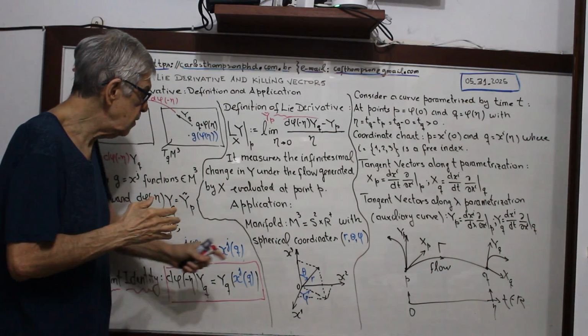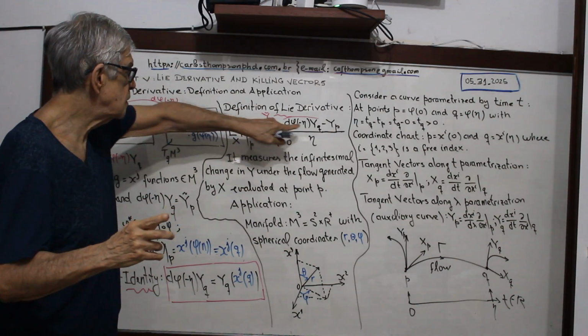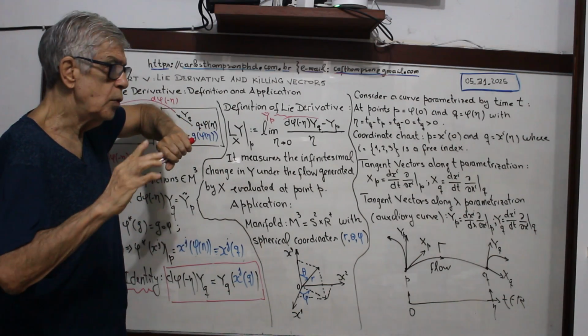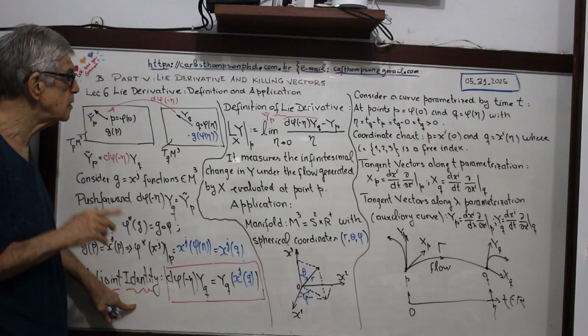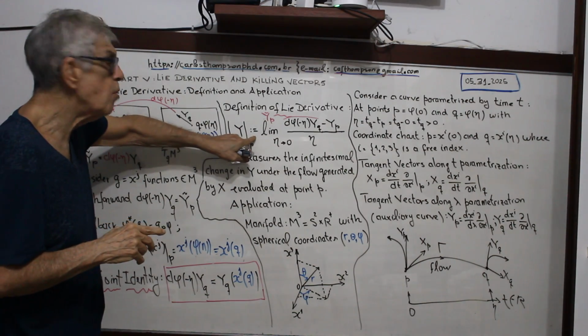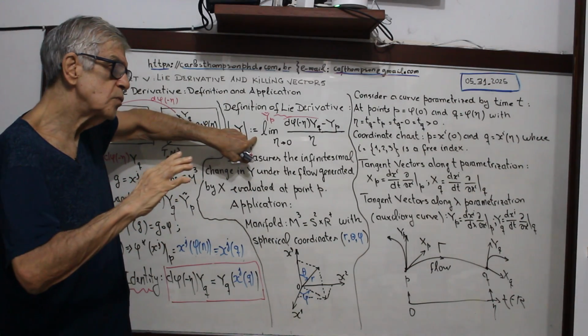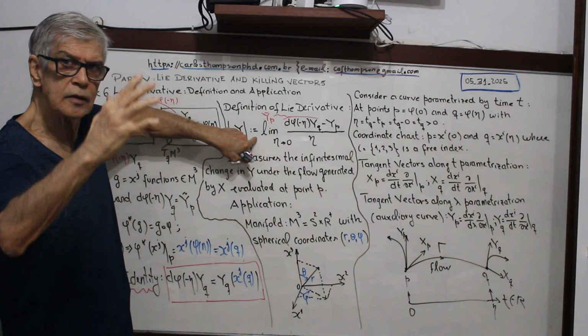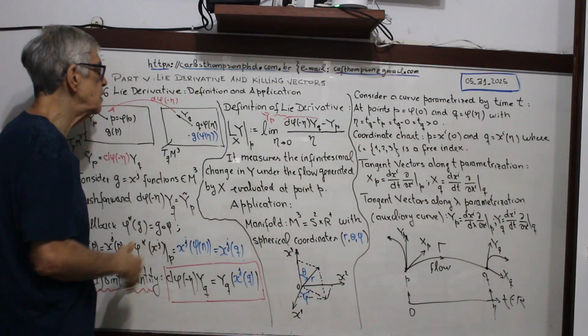Now we will see an application using this definition. We will see later, when we use the adjoint identity, that there is a formula involving the Lie bracket, but we will derive this later.